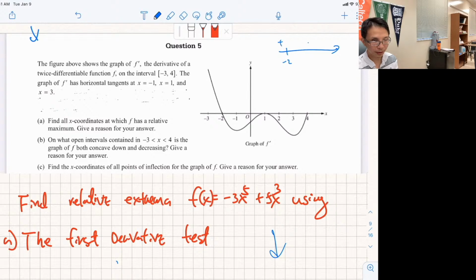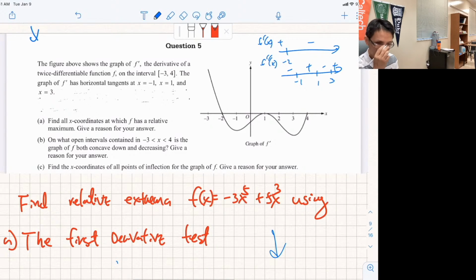It's positive and negative, right? F prime of x. And f double prime of x is going to be -1, 1, and 3. So it'll be negative. -1 to 1 is positive. 1 to 3 is negative and positive.